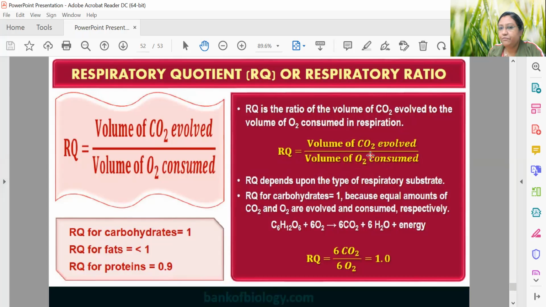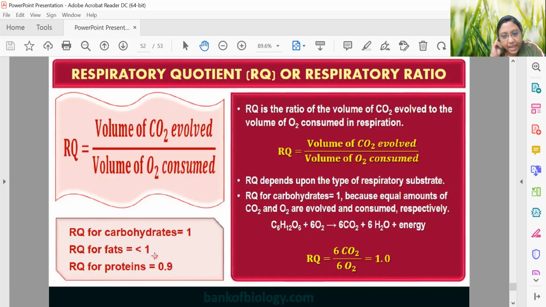So for a carbohydrate, the RQ is 1, because if you see the equation of respiration, 6 O2 is consumed to give 6 CO2. So 6 divided by 6, the ratio will be 1. But for fat, it is less than 1. Why?